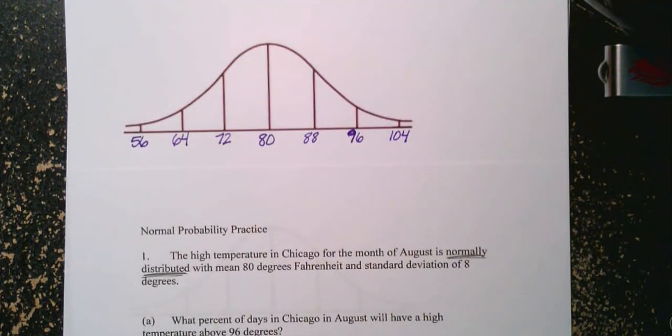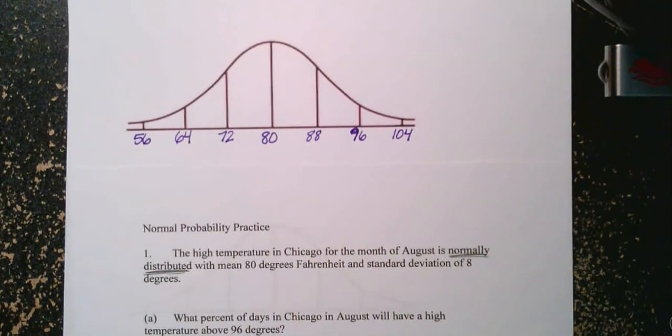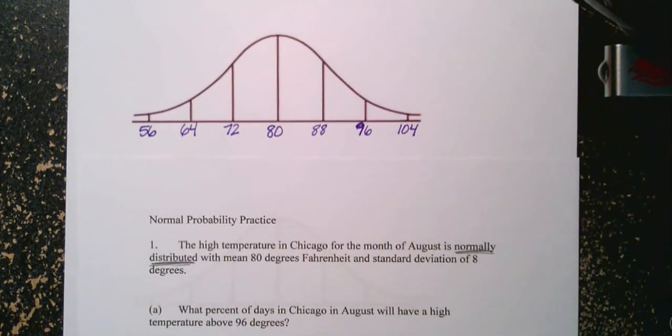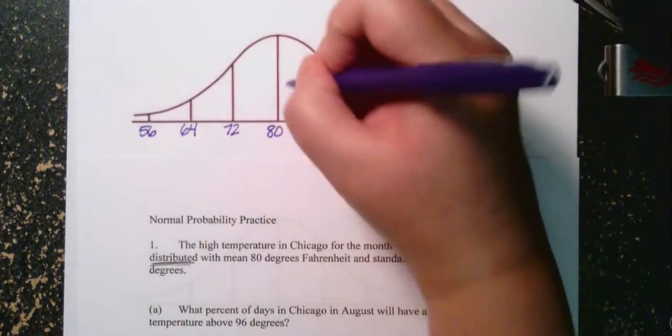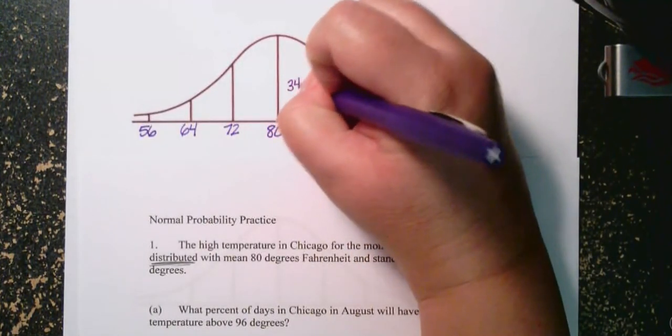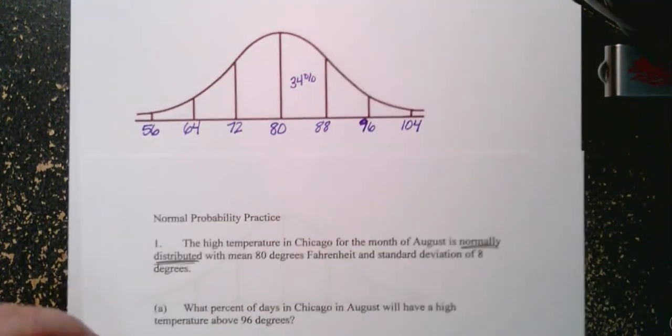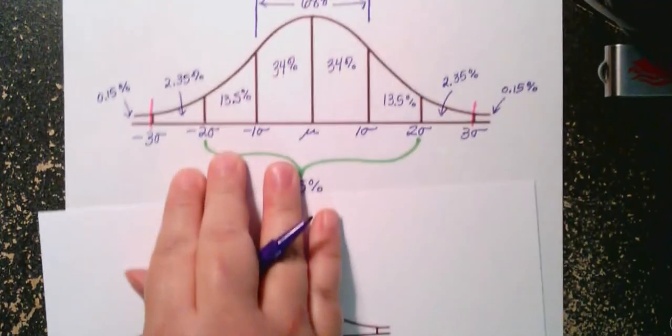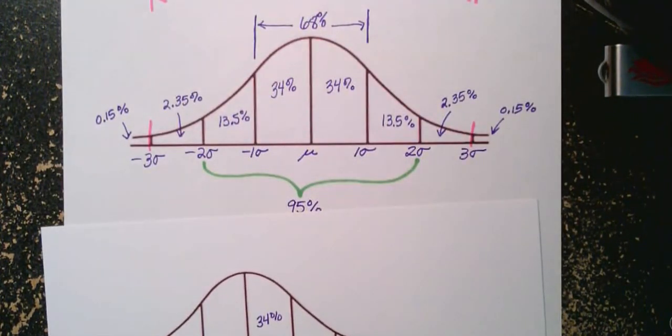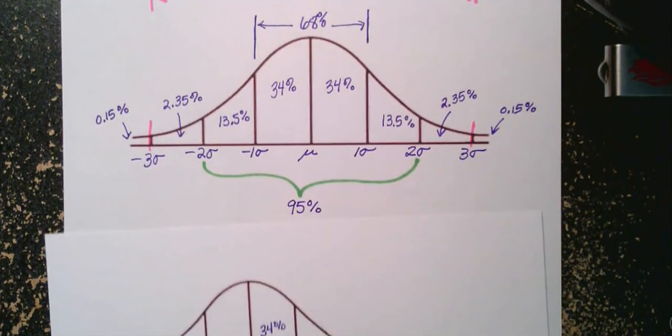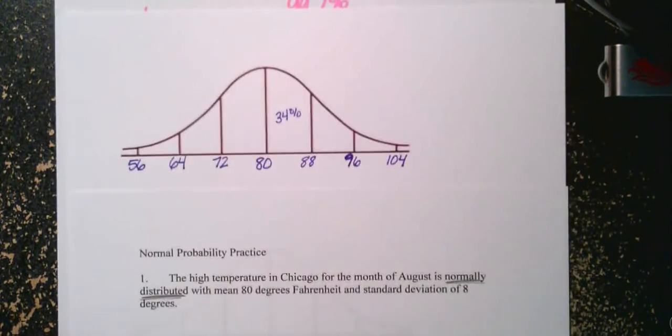Now I'm ready to answer my questions. What percent of days in Chicago in August will have a high temperature above 90 degrees? I say I'm ready, but I really need to fill in those percents first. Remember, this was 34%, and these are the same every time. That's the beauty of normal curves: if it's normally distributed, it always fits that shape, and those percentages are the percent of your area in that one section.